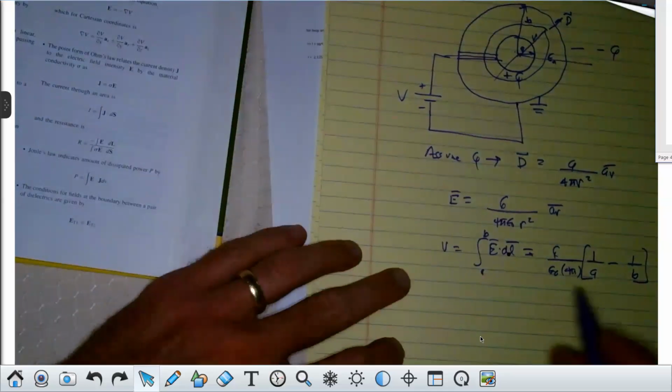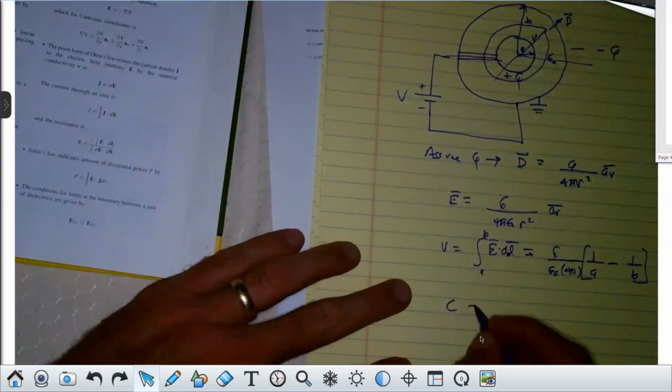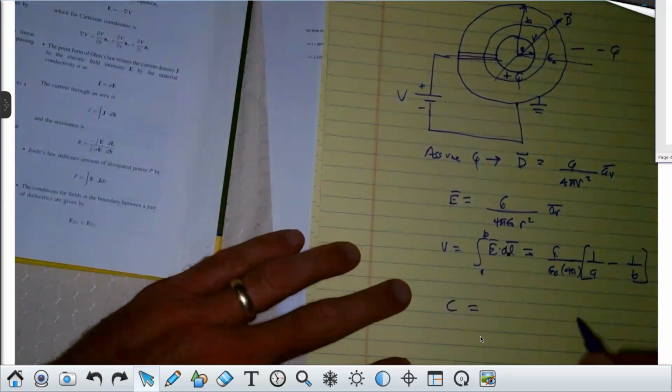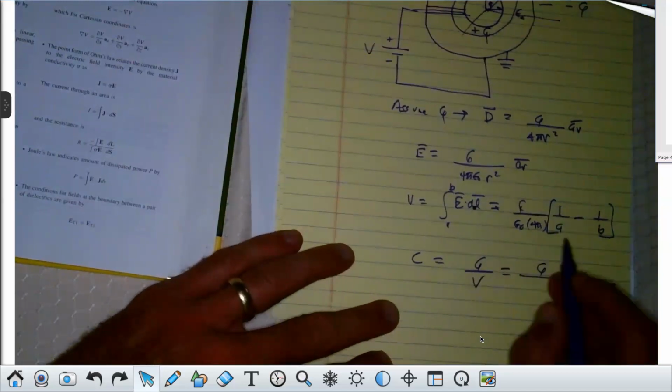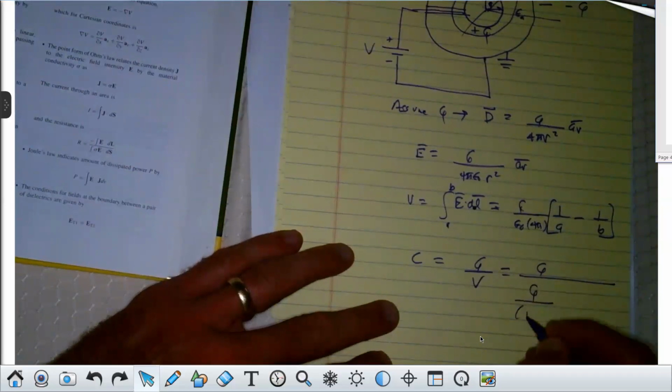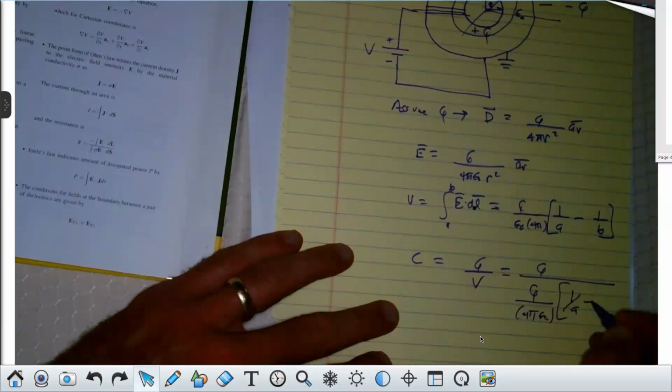Now that's equal to V, and I said capacitance was equal to Q over V, right? Now I'm going to make sure you see this step. I'll put Q here, and this is V. So V is equal to Q over 4 pi epsilon naught times 1 over a minus 1 over b, right?